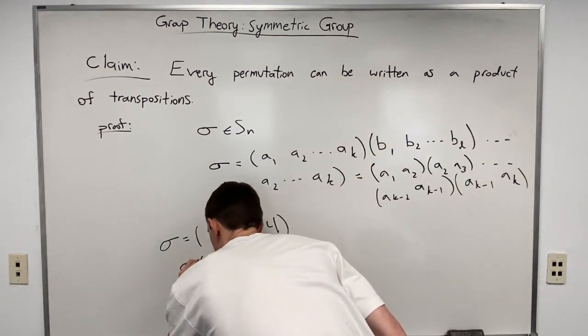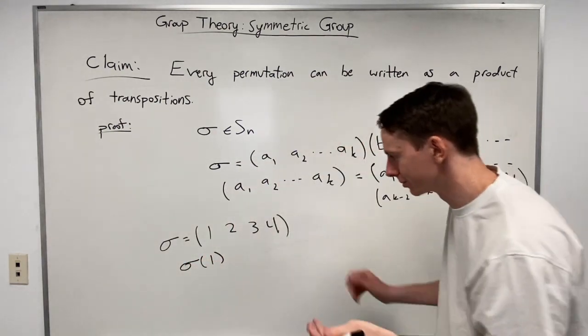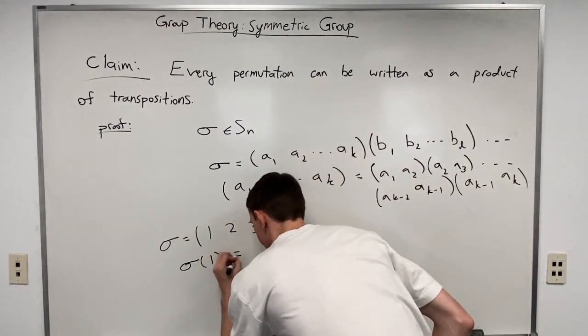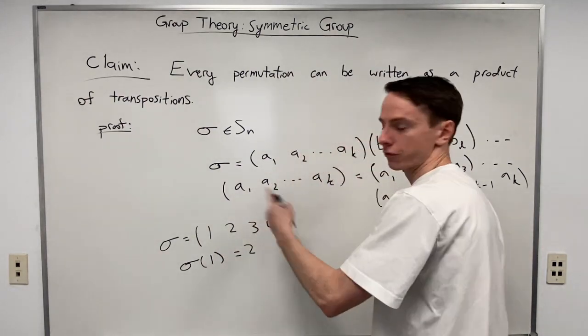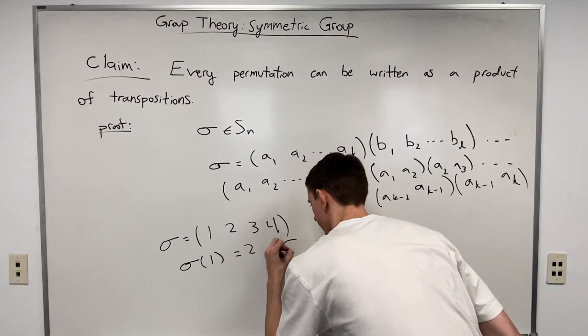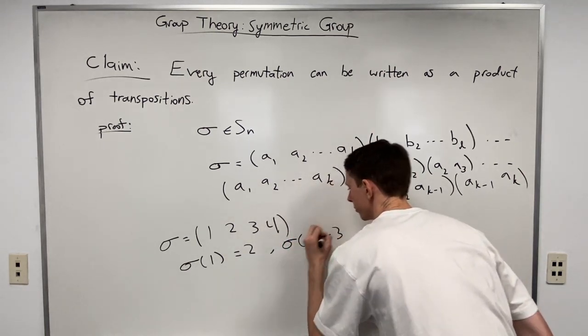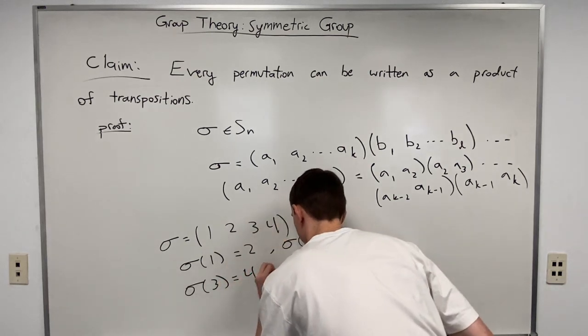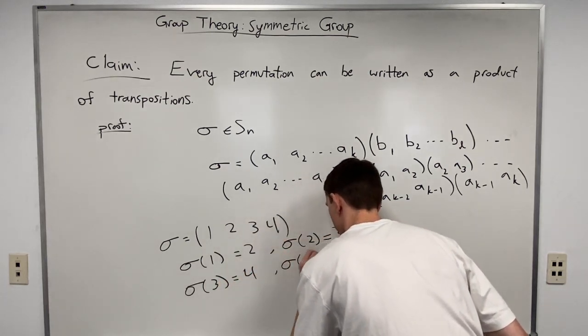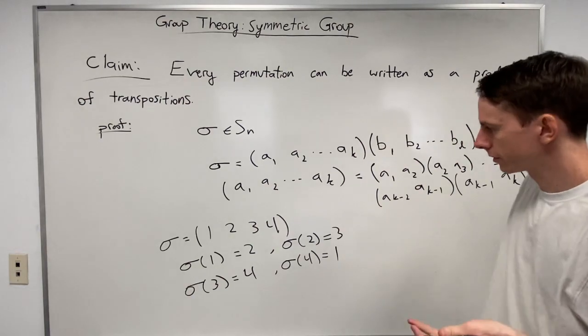Hopefully we're familiar with this at this point: sigma of 1 is going to be 2, 2 is going to go to 3, 3 is going to go to 4, and 4 is going to go to 1. So I'll quickly write that out: sigma(2) is 3, sigma(3) is 4, and sigma(4) is 1. Right?